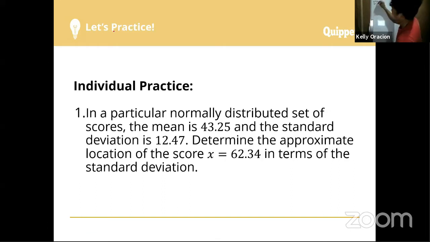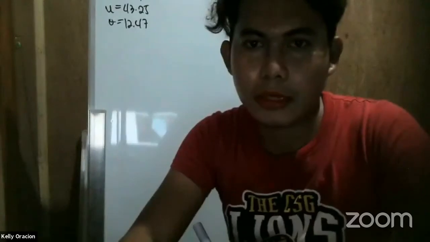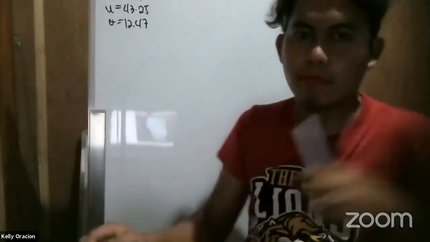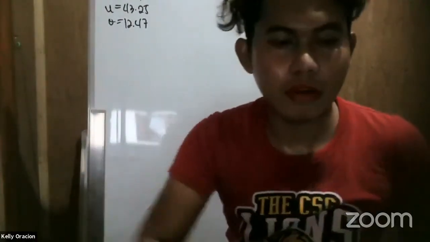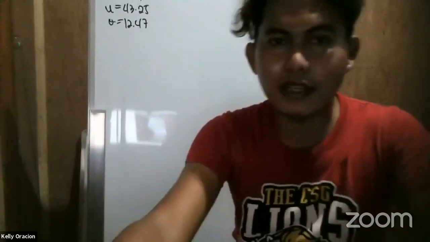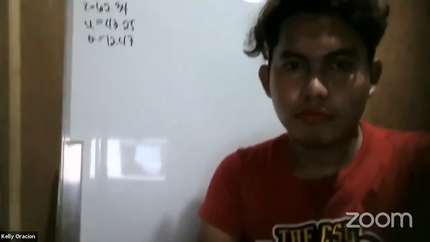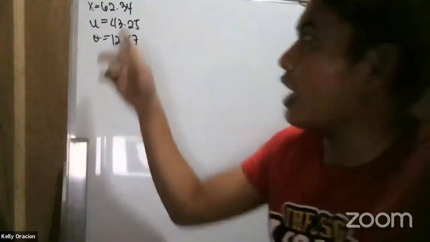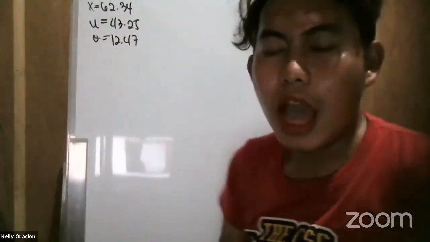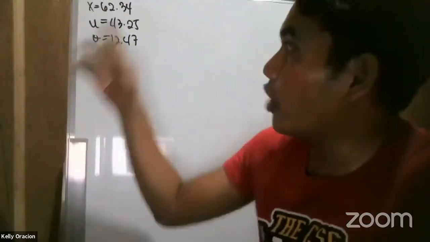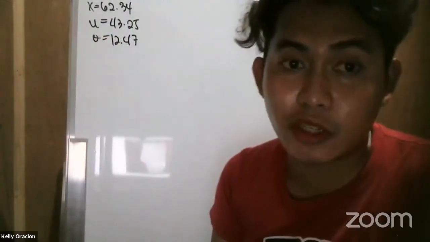And our standard deviation is 12.47. Let me transfer my camera. Okay, so we have this. X is 62.34, our mean is 43.25 and our standard deviation is 12.47.